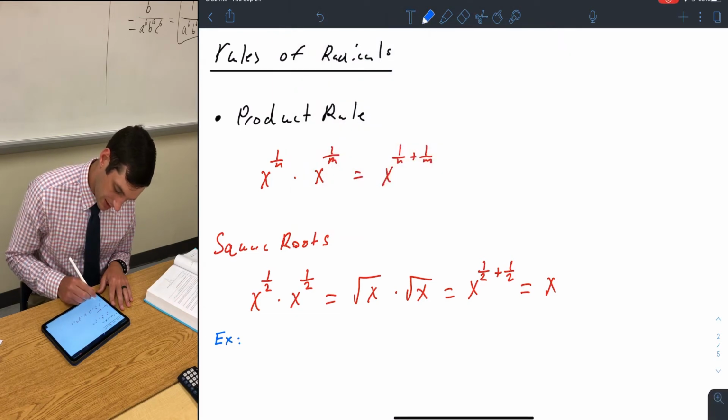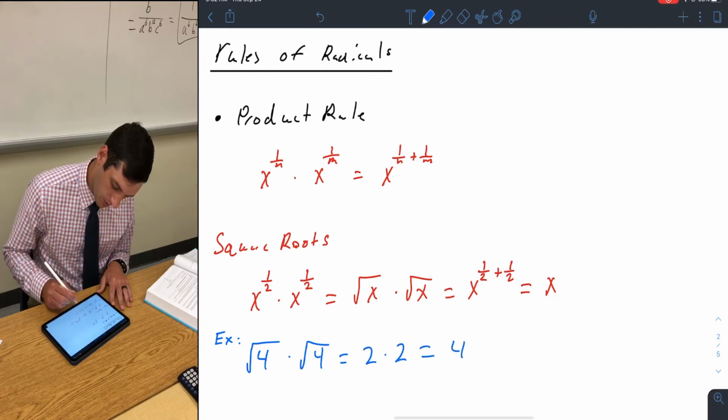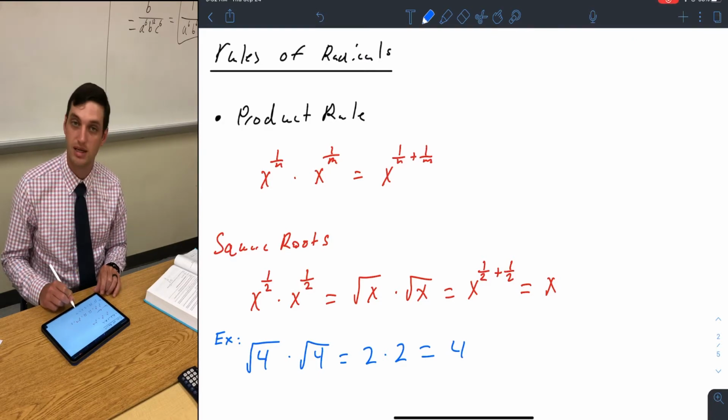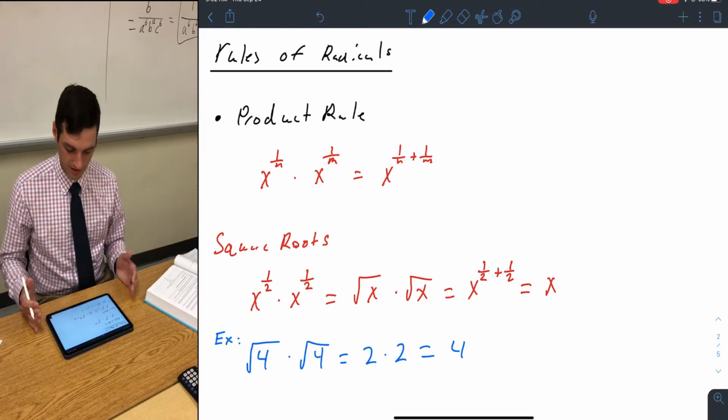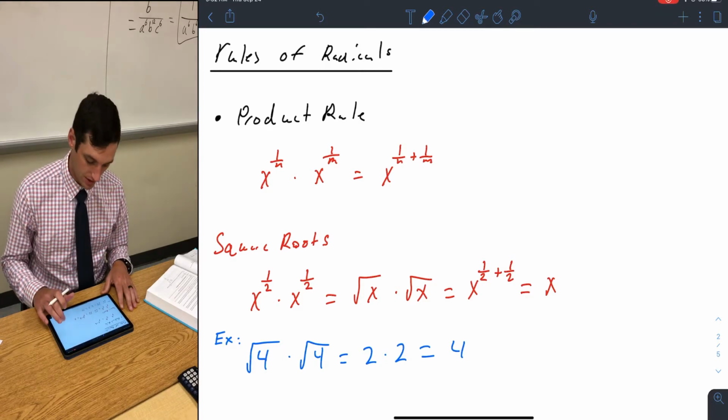All right, so an example of this, we'll just use 4. The square root of 4 times the square root of 4 is equal to 2 times 2, which equals 4. And if you notice, our value x was our original, it came up to 4. Now, the purpose of this is to show you that you can break apart square roots under multiplication.